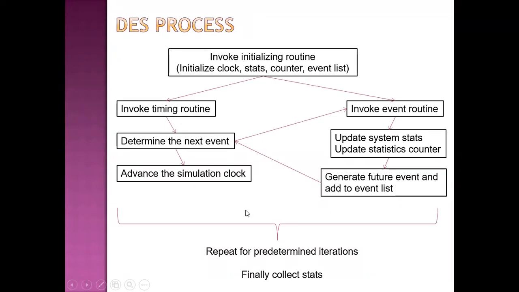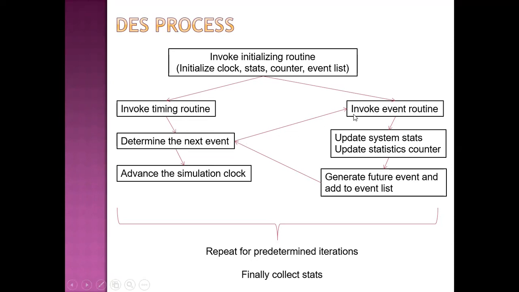So this is the discrete event simulation process. First of all, there is our initializing routine. It initializes clock, statistics, counter, and event list. Then the timing routine is invoked and we determine the next event.